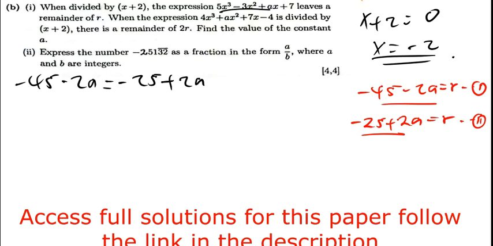Yes. So what I'm going to do now, I'll shift this to go to the other side and that to go to the other side. So negative 45 plus 25 being equal to 2a plus 2a. These two, if I do minus, I know that 50 minus 25, it is 25. So 45 minus 25 meaning should be negative 20.